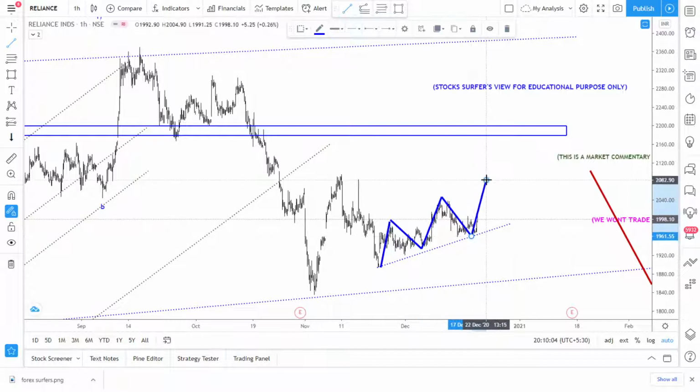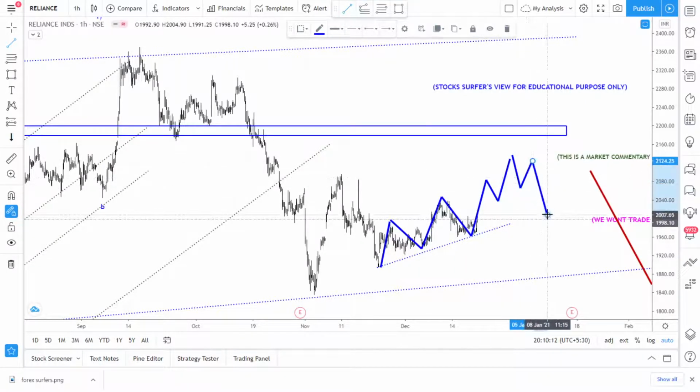Again what it will do is A, B, and C. So it will keep on going in the three-wave structure, and again it may form a bigger three-wave structure. So this is the A and this is the B, and then C can go like this. So a lot of possibilities can happen here. It could be a triangle or irregular flat, or it could be like this also.